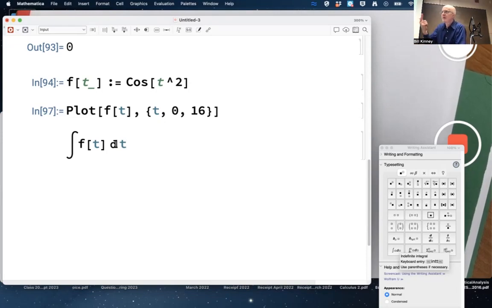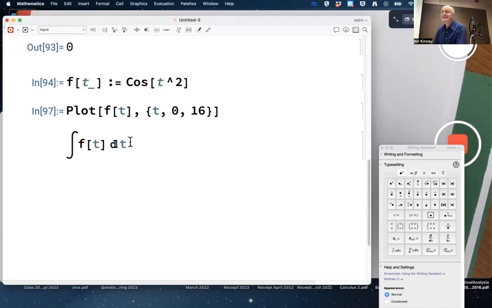Power functions, polynomial functions, rational functions, roots, square roots, exponential functions, logarithms, trig functions, inverse trig functions, and finite combinations of those things by addition, multiplication, subtraction, division, and function composition, f of g of x. Like this is a function composition right here. It can be proved this integral cannot be written in terms of functions like that.